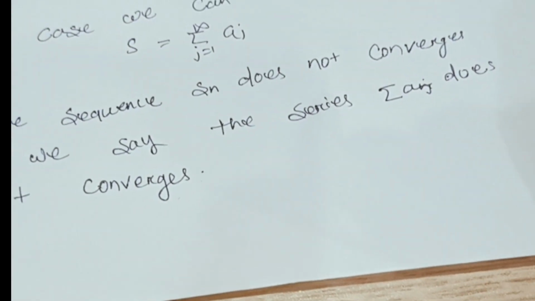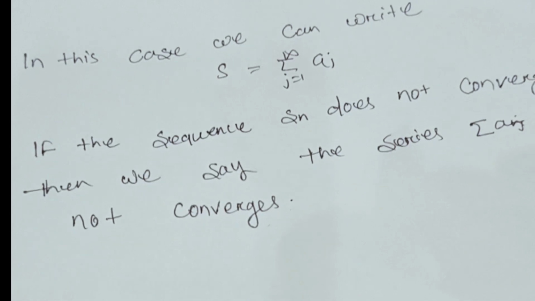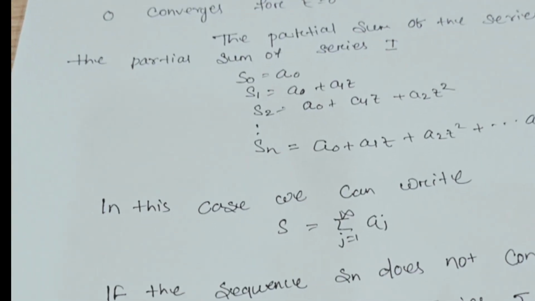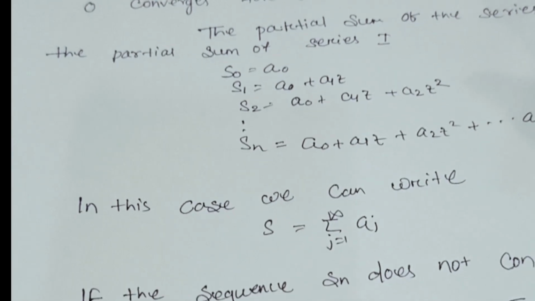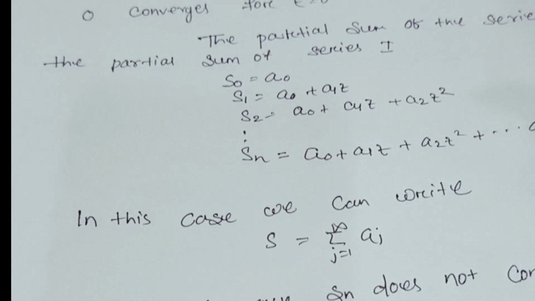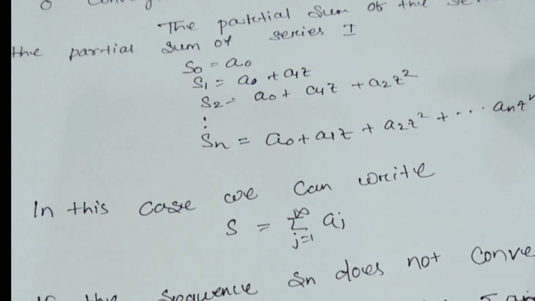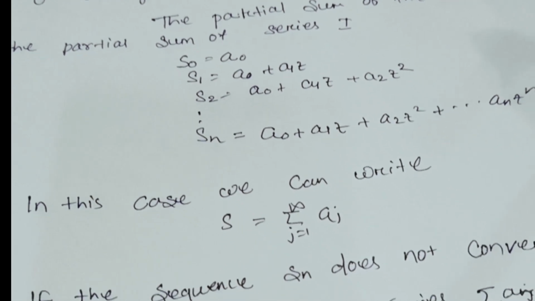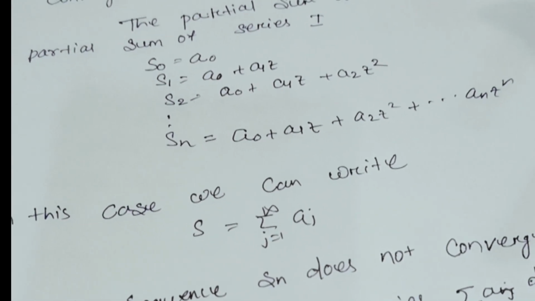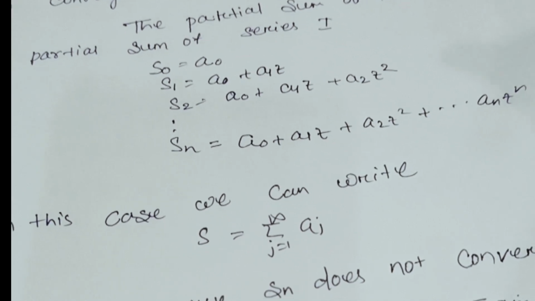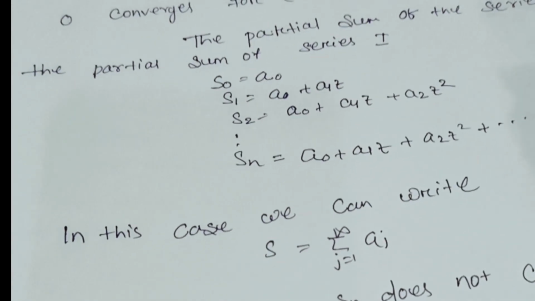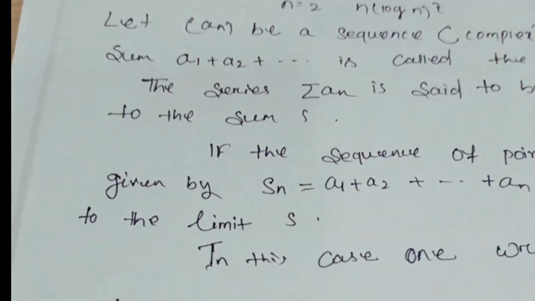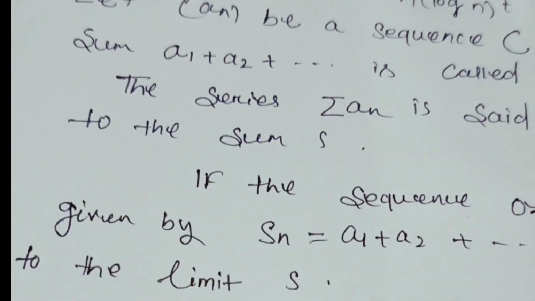If the sequence Sn does not converge, then we say the series aj does not converge. That means the set of points of convergence is at least non-empty. But more is true, depending on the coefficients a0 or c0. So firstly notice that point, and let's see an example of a power series.